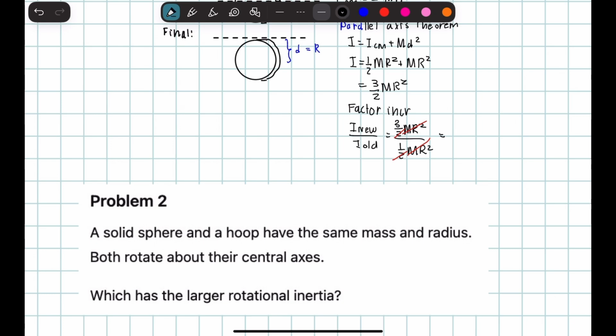So it increases by a factor of 3. Now, what does this mean? It means that moving the axis outward greatly increases rotational inertia.